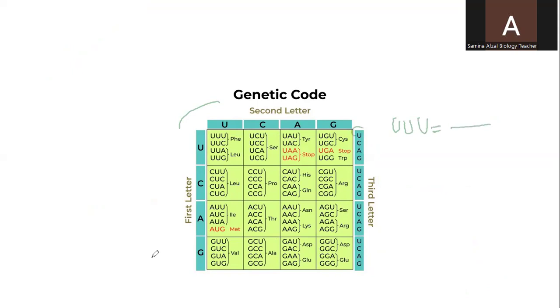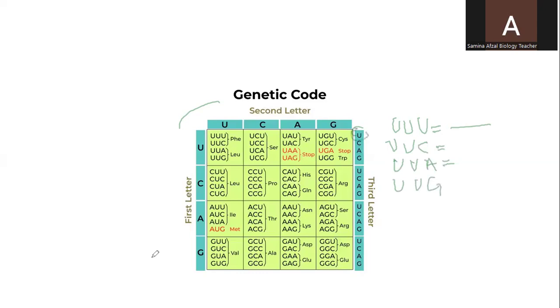In the second case, U, U, and the third letter will be C. So there is another type of amino acid, and then U, U, A, and then U, U, G.